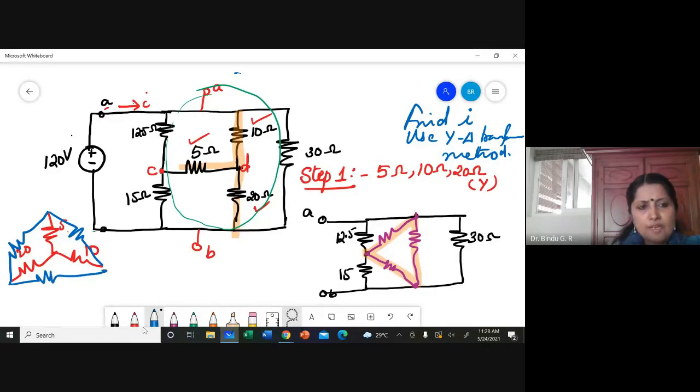You are asked to find out this value and this value. Let me put it as C, D.